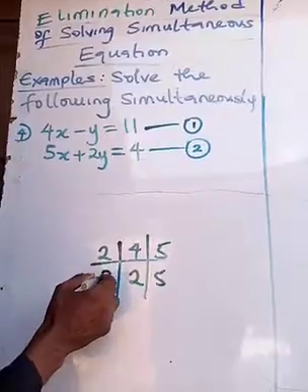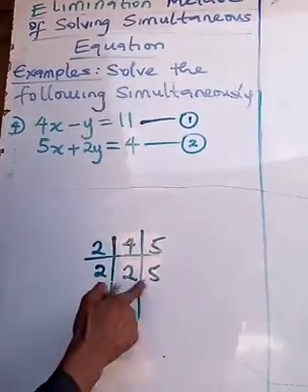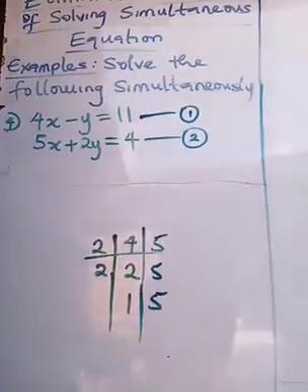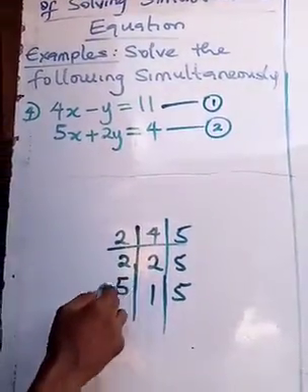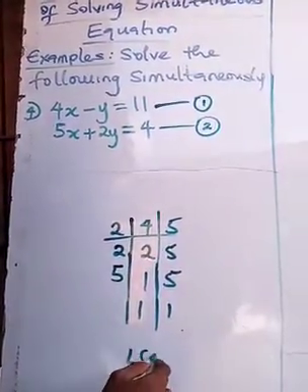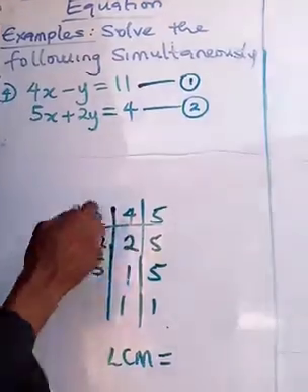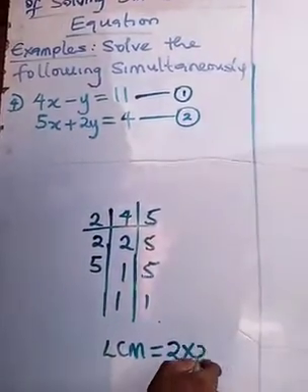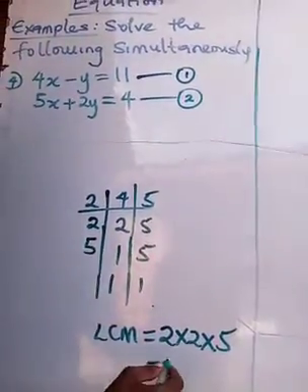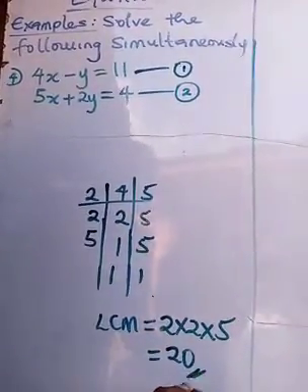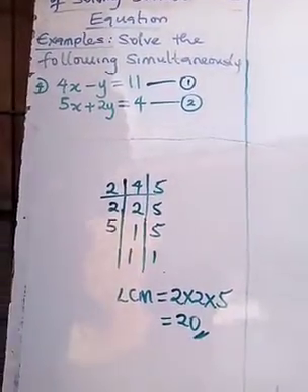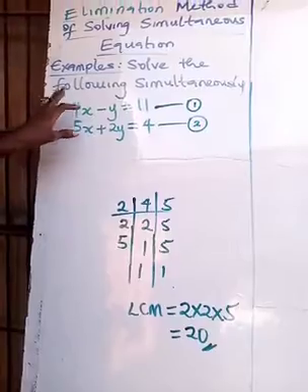Then use 2 again: 2 in 2, 1; 2 in 5, 5, because no other number can go here apart from 5. So use 5: 5 in 1, write 1; 5 in 5, 1. The LCM is the multiplication of all of these, that's 2 times 2 times 5. 2 times 2 is 4, times 5, 20.